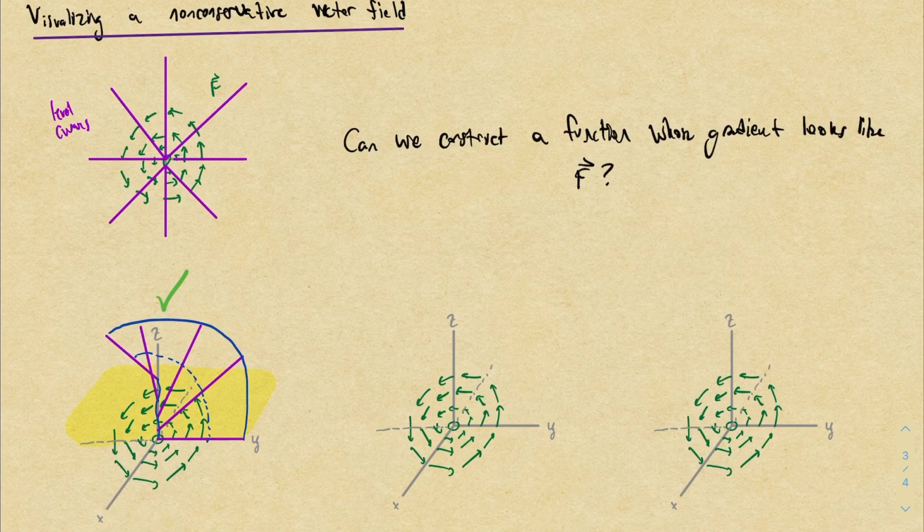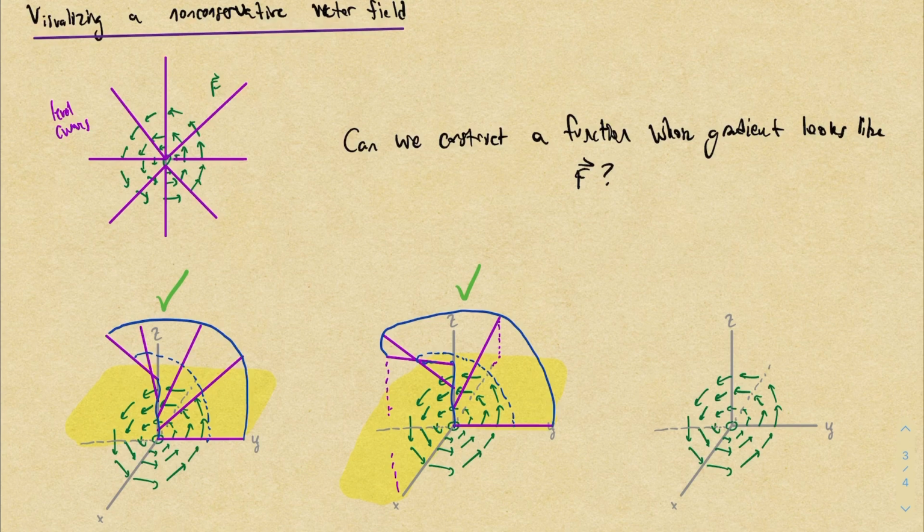We could draw the same kind of spiral staircase structure, which maybe starts at 0 along the positive y-axis, and then as we circle around the vector field, the spiral staircase goes up and up and up. And again, you can imagine this staircase extending infinitely along the yellow region. And again, it seems like we've found the graph of a function whose gradient looks like our vector field. So, on this domain, the vector field is conservative.